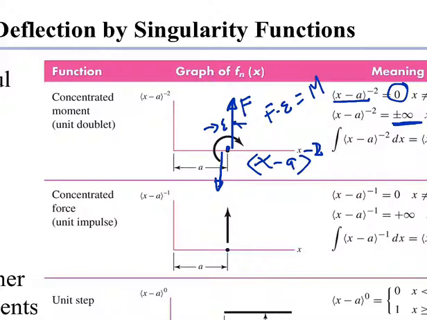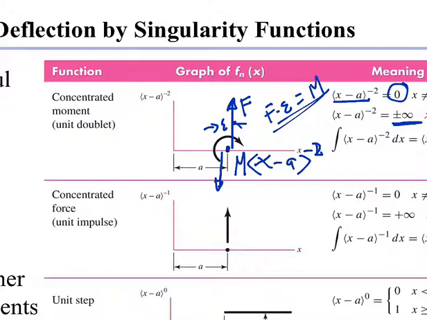And if we don't have a coefficient multiplied by this function, then the integral is equal to unity. But if we have a moment, like M, known as F times epsilon, and we put M here, then M times x minus a to the minus 2 is basically the value of a concentrated moment at x equals a.